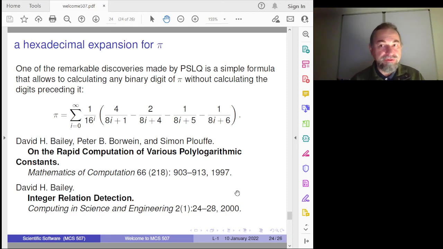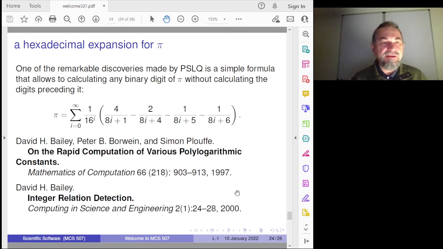This is important for testing algorithms, but it's also interesting on its own as a mathematical curiosity. So this is an application of this integer relation detection algorithm.